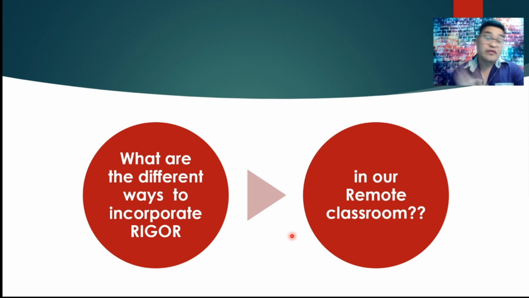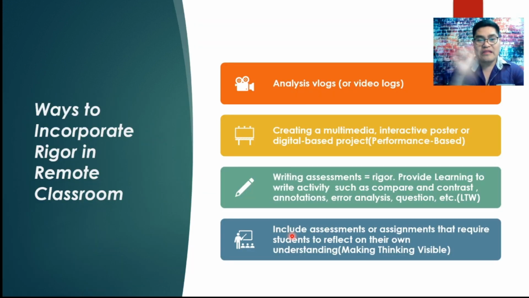It's not only in online, you can also do it in modular. Okay, what are the different ways we can incorporate rigor in our classroom, whether virtually or face to face or in a modular way? Well, these are the four ways we can incorporate rigor in our classroom. So there are four ways. So let's discuss one at a time.